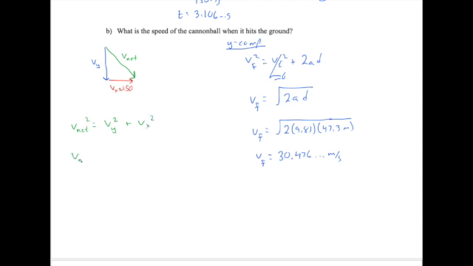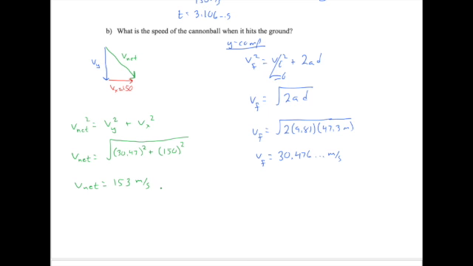And so my v net will be equal to the square root of this vy squared, which is the 30.47 squared, plus the 150 squared. And when you solve for that, we'll get a v net of 153 meters per second.